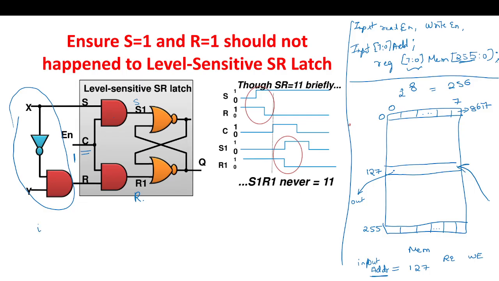So the input port, you should be able to give the address, and address will not be single bit, it will be for us 2 to the power 8, which is 256. So 8-bit address is needed, and then we need a read enable, which says read or write. 1 bit also you can take. 1 means read, 0 means write.